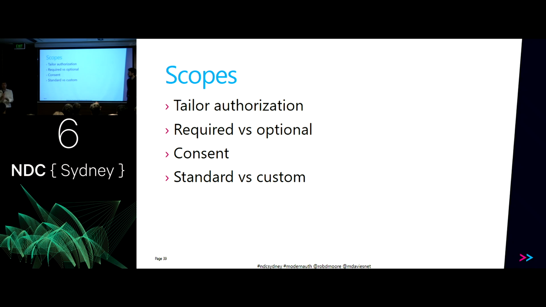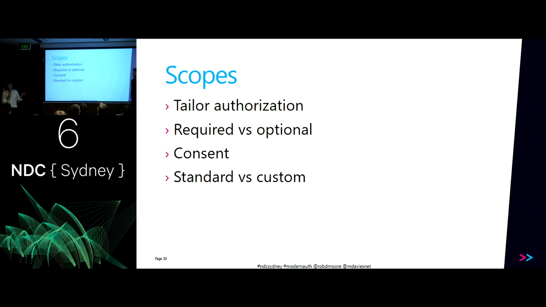What this would look like in the UI is: log in with your Twitter account to application XYZ. By doing this, you will be granting application XYZ the ability to read your tweets and, with a checkbox, read your direct messages. You can tick or untick that checkbox depending on whether or not you want to grant that permission. That act of ticking or unticking is called consent. That's basically how it works.